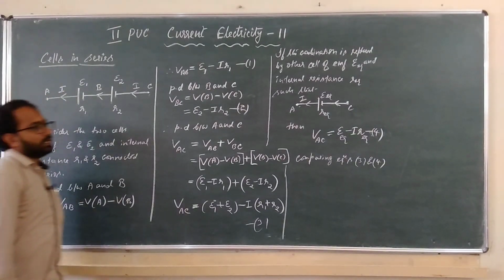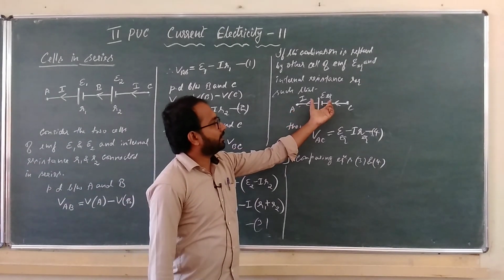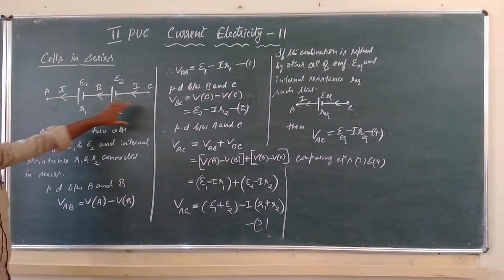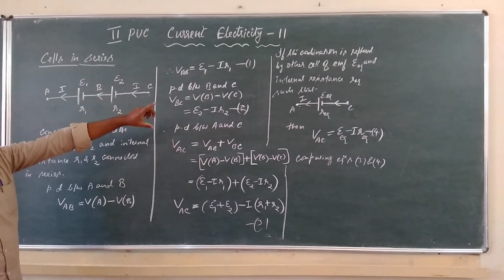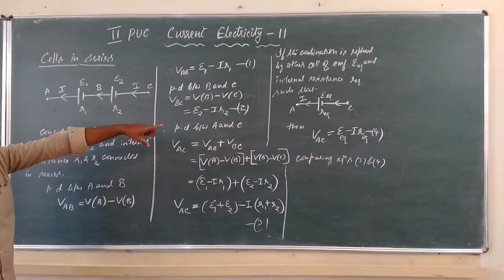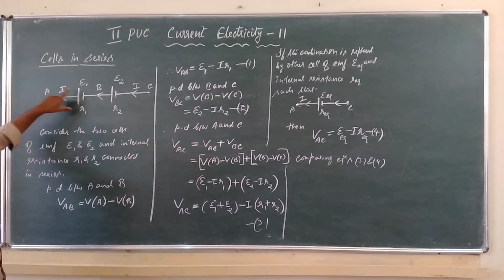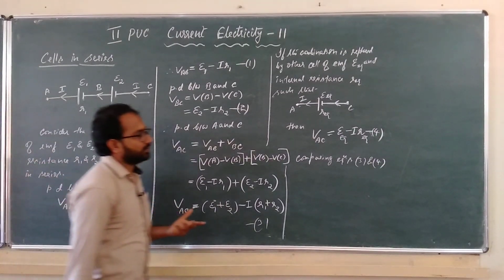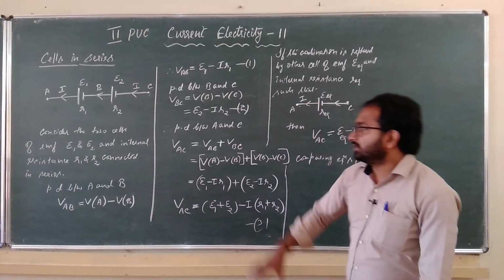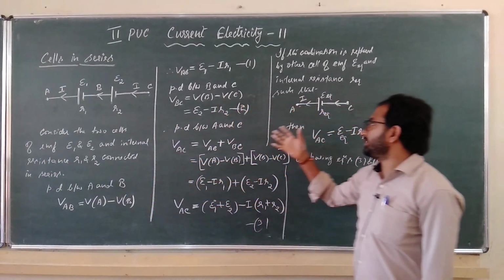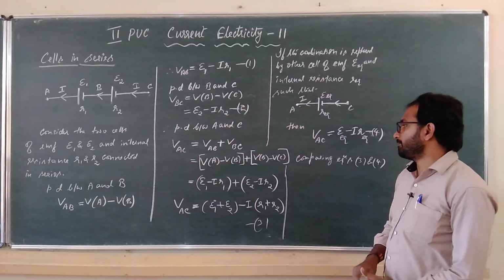This single cell which is now here across A and C, the combination is replaced. When the combination is replaced by that single cell of EMF equivalent and internal resistance R equivalent, it also supplies the same amount of current I to the external circuit. So therefore that combination can be replaced by this particular cell.